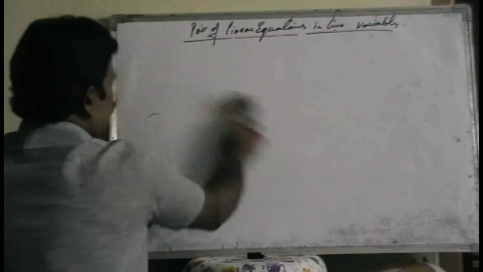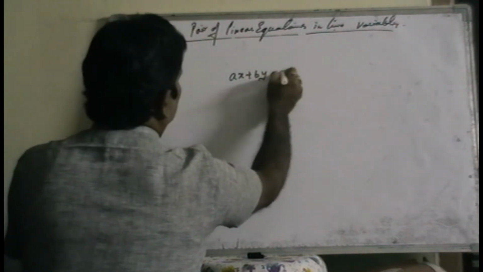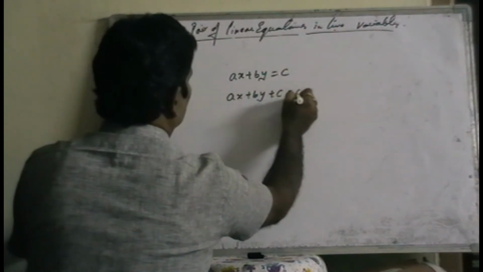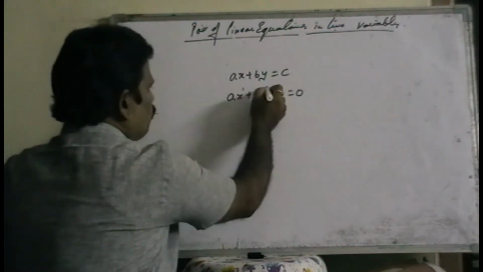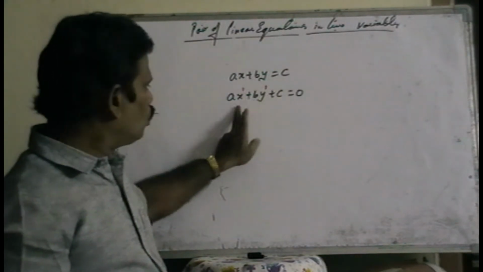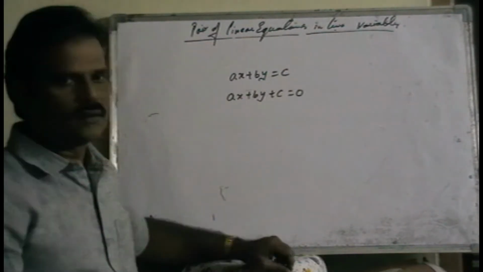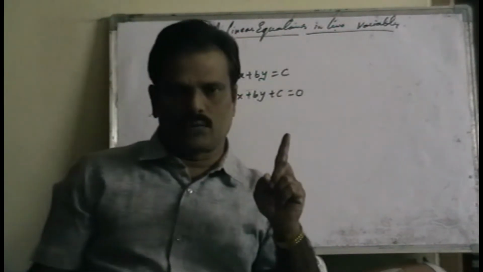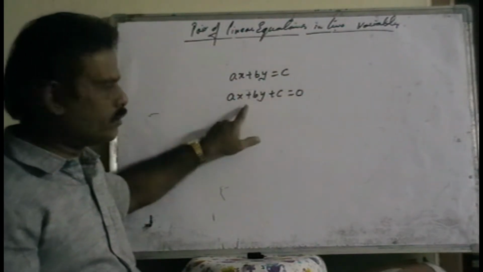The first degree is very important, right? Suppose the general form of a linear equation is ax plus by is equal to c, or ax plus by plus c is equal to 0.